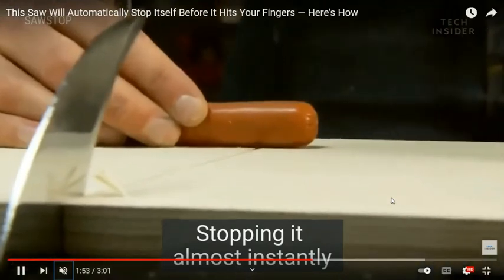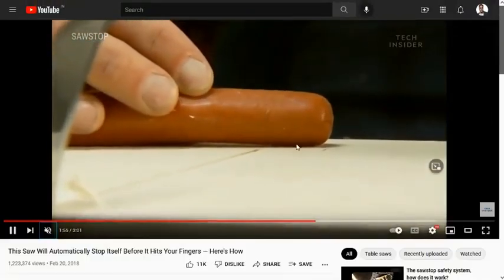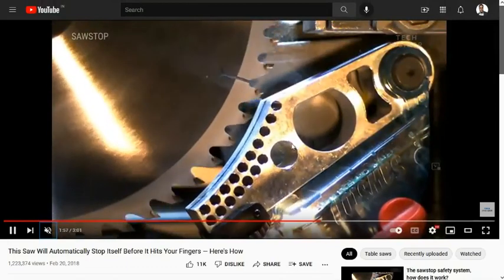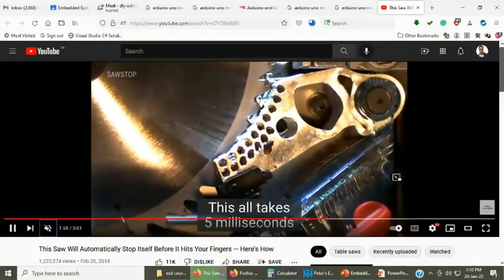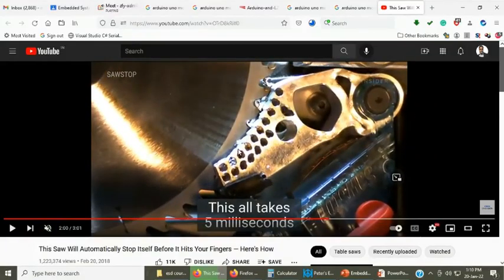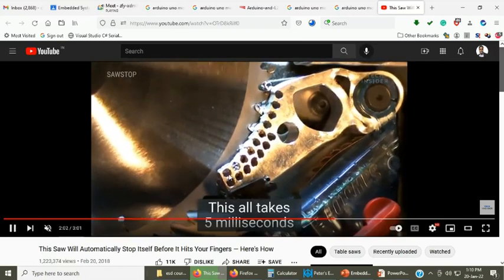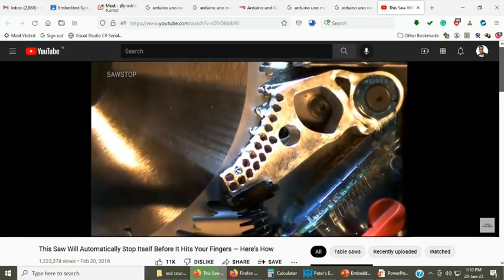This is one of the examples. Just imagine how many intelligent things are working in this particular embedded system. Of course, a braking system, and a good sensor which detects the difference between wood and a muscle.